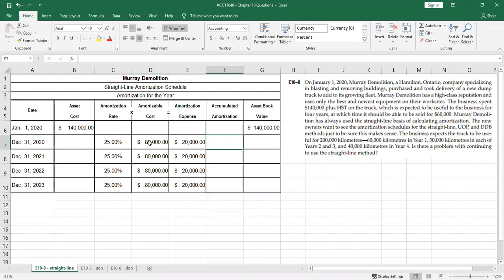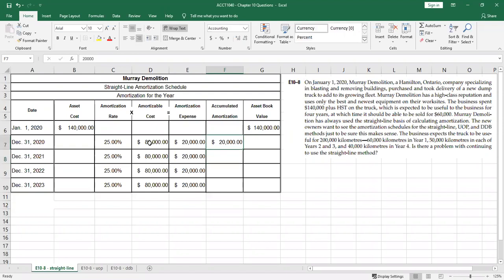Next column that you see there is accumulated amortization. Now, this is one of those terms that sounds more complicated than it is. Accumulated amortization literally means just that. It's the amount of amortization that has accumulated. So after the first year, we've accumulated $20,000 of amortization.